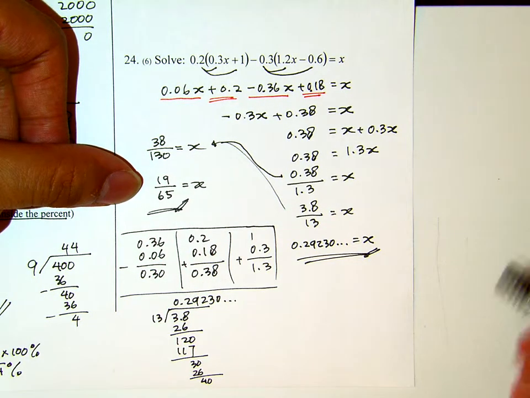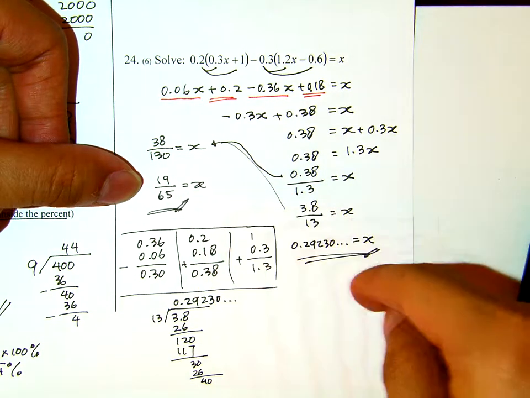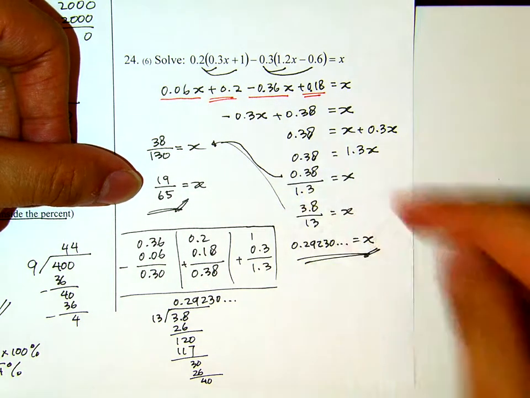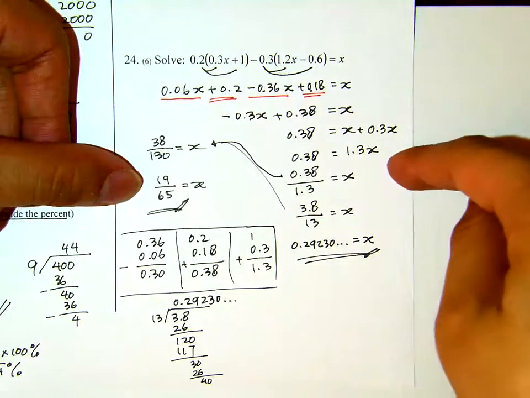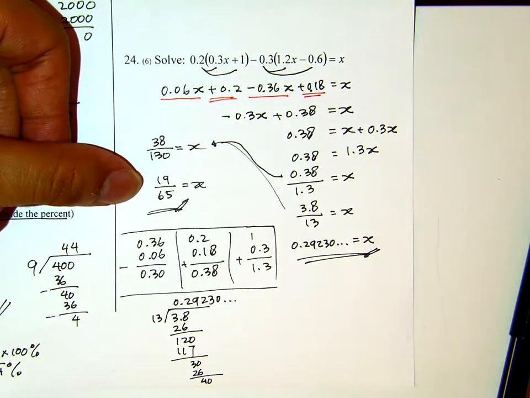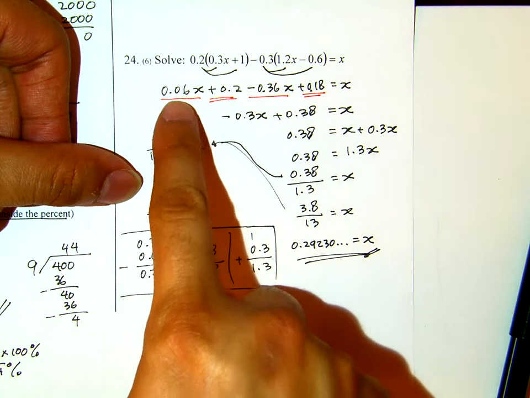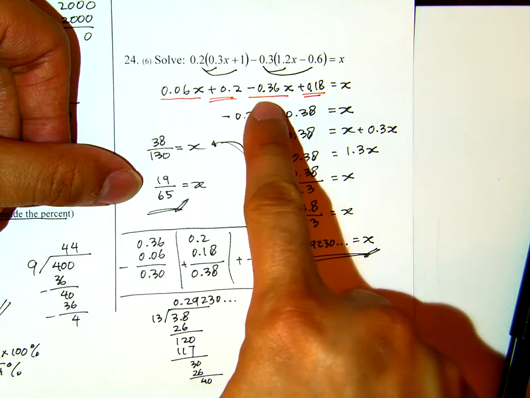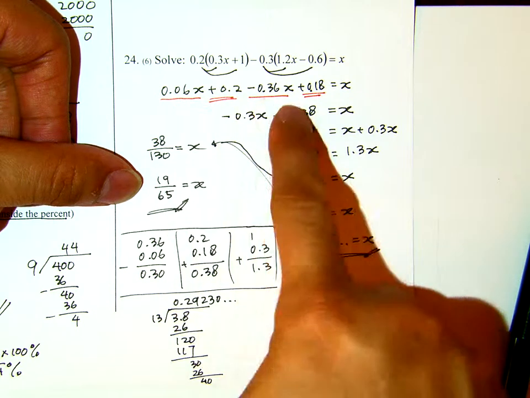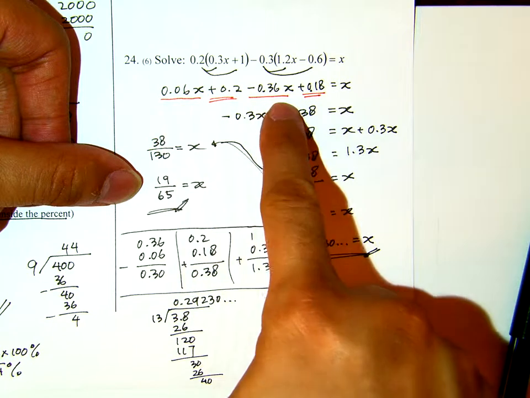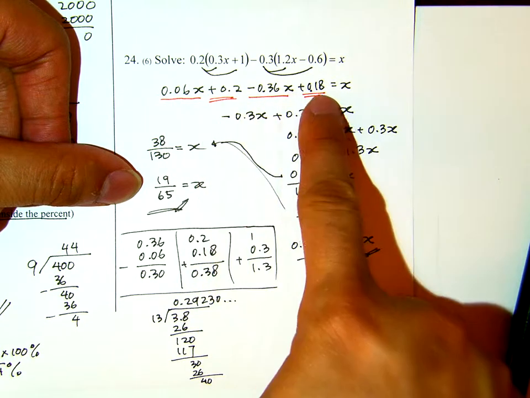It's not really about the final answer. Of course, I want to see it, but the key steps are actually here. A lot of misunderstanding happens especially with the 0.06 and minus 0.36. A lot of people mess up the place values. Also 0.2 and 0.18.